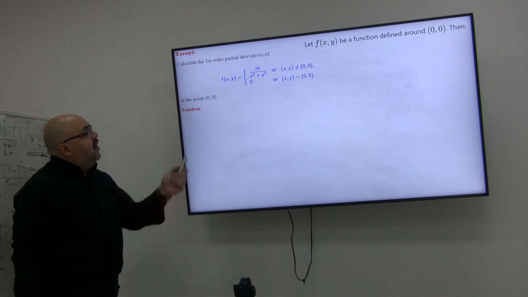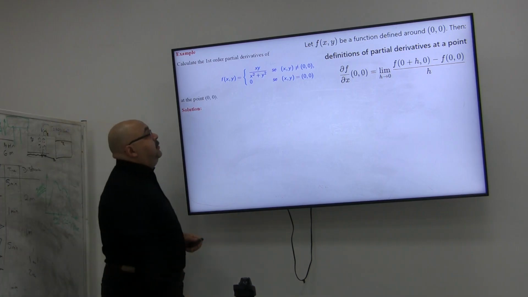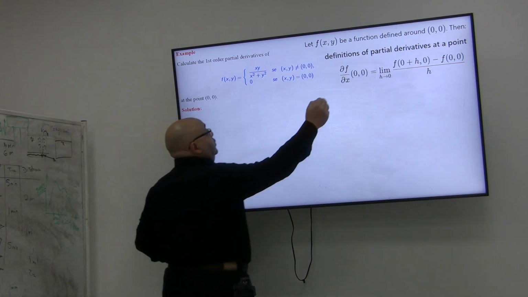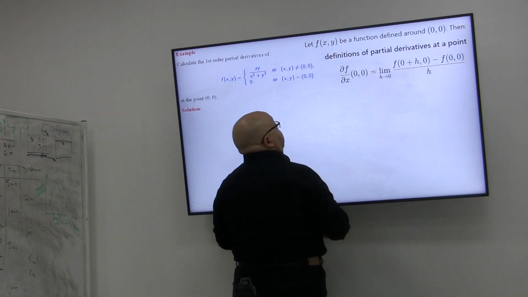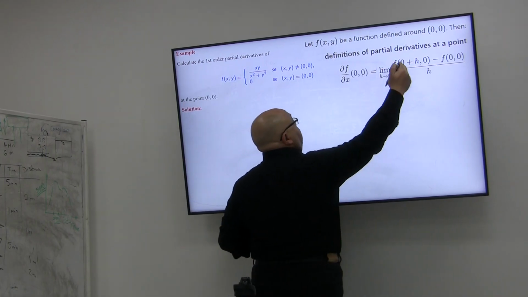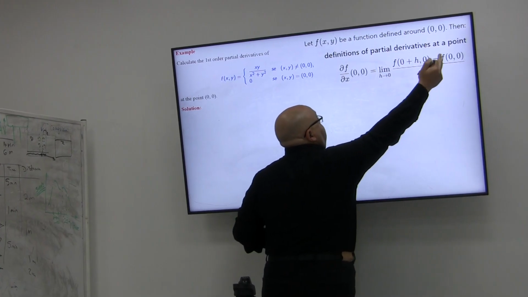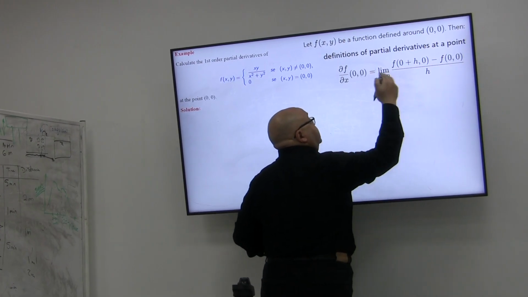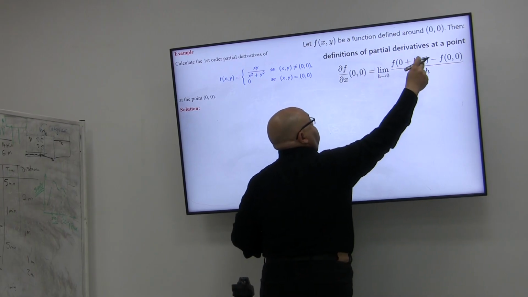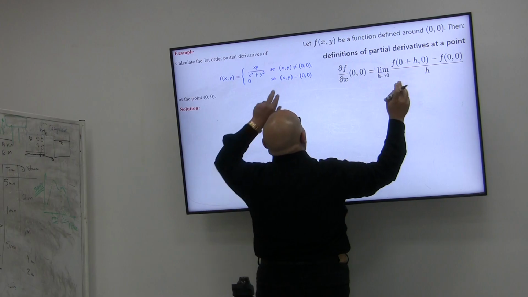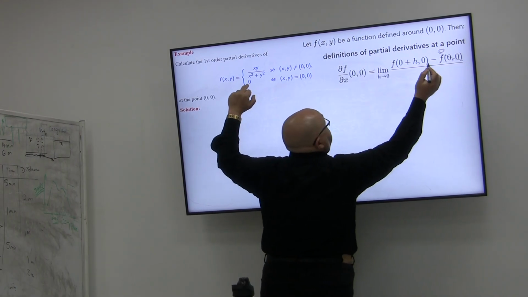Now, let's find the derivative as I told you. Let's find the derivative with respect to x at the origin. So I am using the limit as h tends to 0 of f of x plus h and y, minus f of x and y. In this case, my x and y are zeros. So it's f of 0 plus h and 0, minus f at the origin. F at the origin is equal to 0 from the definition.